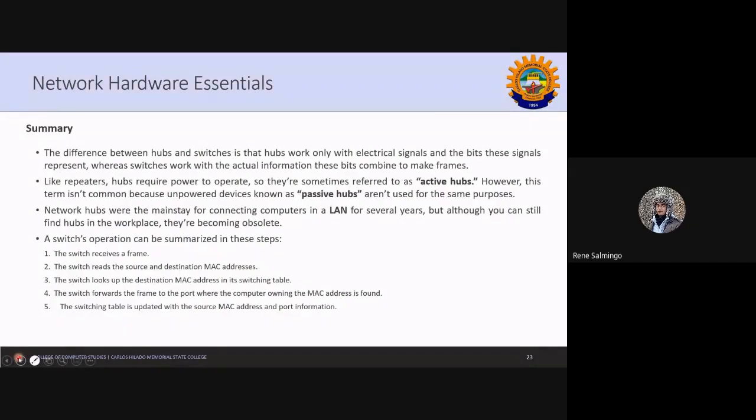First, the switch receives a frame, and the switch reads the source and destination MAC address, and the switch looks up the destination MAC address in the switching table. The switch forwards the frame to the port where the computer owning the MAC address is found. The switching table is updated with the source MAC address and the port information.